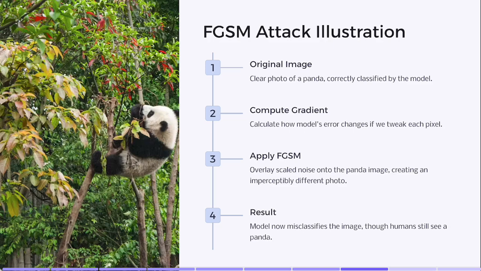And then we add that to the original. Overlay that scaled noise onto the panda image, creating an imperceptibly different photo. Result: the model now thinks it's a gibbon or something entirely different, even though we as humans still see a panda. This example famously comes from a Goodfellow et al. paper on adversarial perturbations. It shows how little changes can fool big AI.